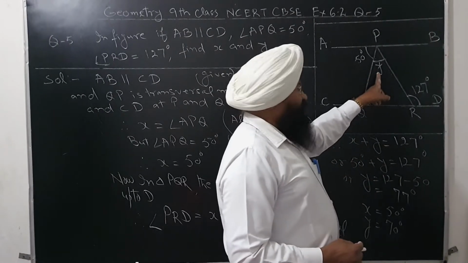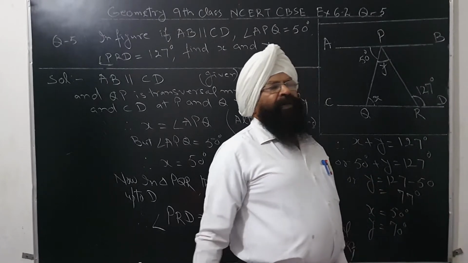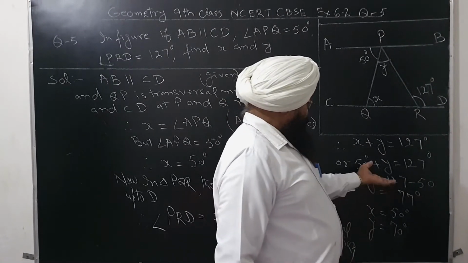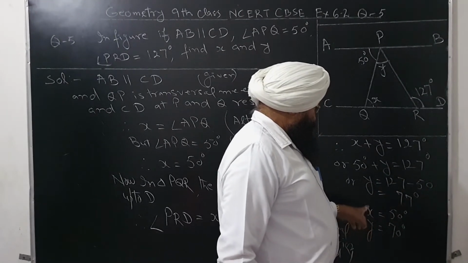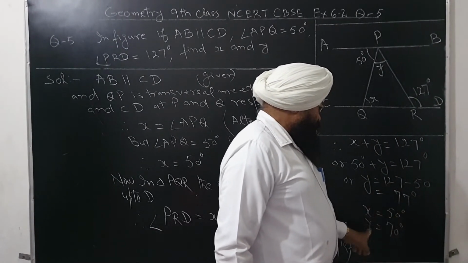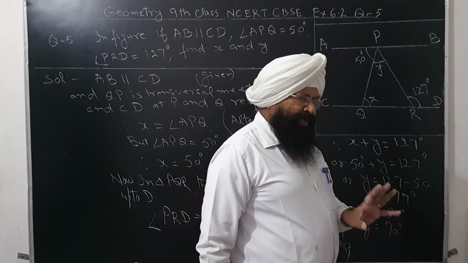Now we are to find Y, and the value of Y is equal to 127 minus 50 degree, that is 77 degree. So ultimately X is equal to 50 degree and Y is equal to 77 degree. Do you understand?